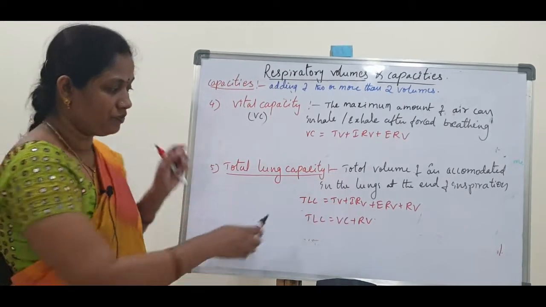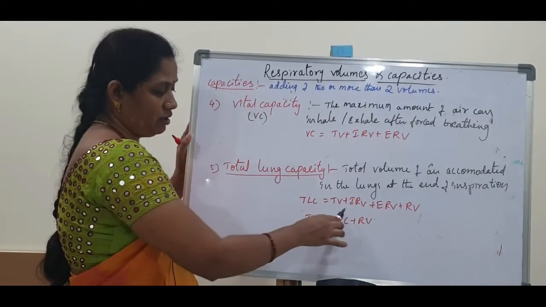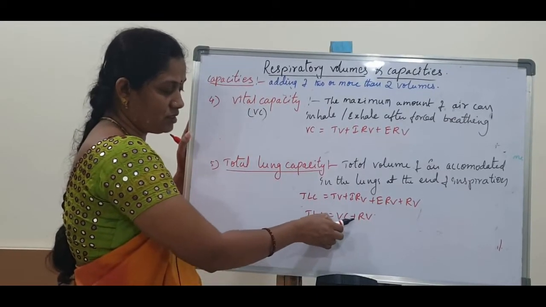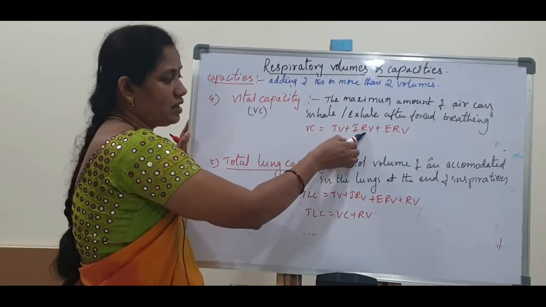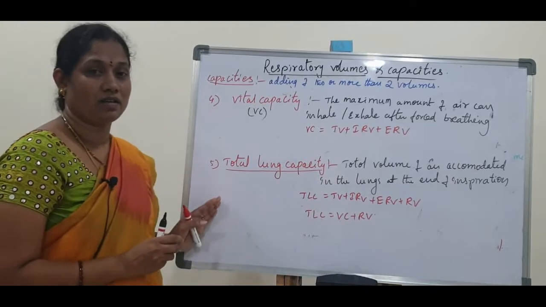It will be TV plus IRV plus ERV plus RV. We can write it this way also: TLC is VC plus RV. So these are the capacities.